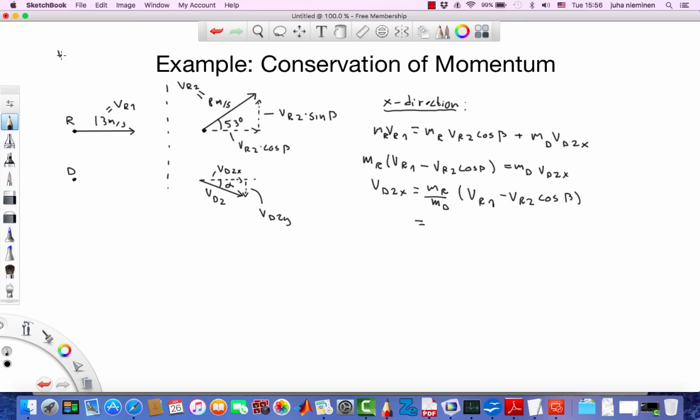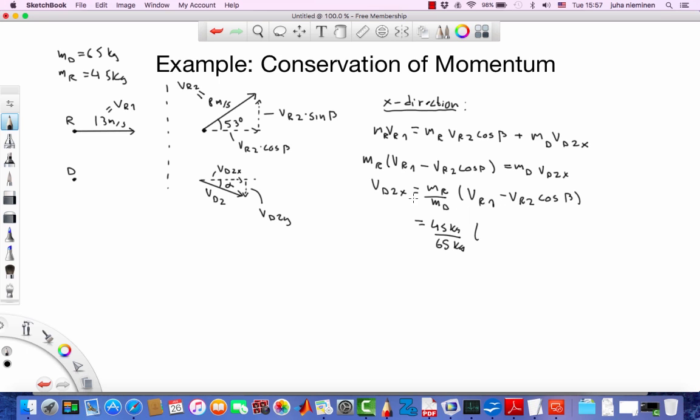And let's put in some numbers. So we have the mass of Daniel is 65 kg, and the mass of Rebecca is 45 kilograms. So 45 kg over 65.